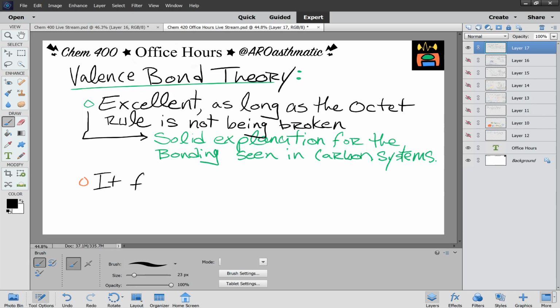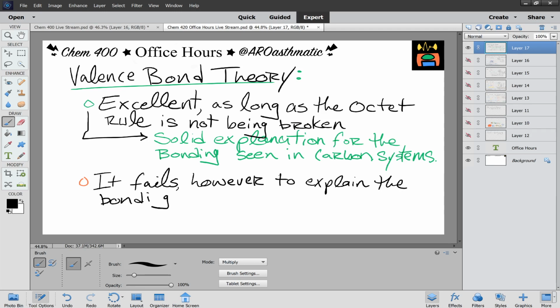So it fails, however, to explain the bonding seen in expanded octets.